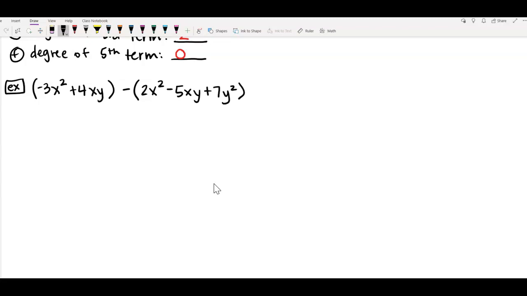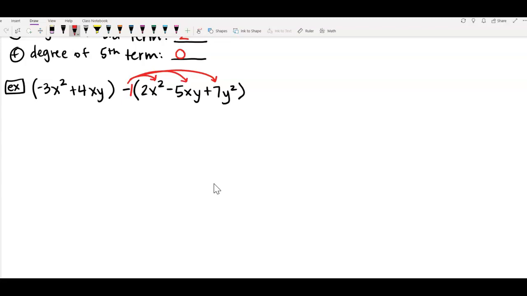Right, so when we're subtracting this, the first thing that we need to remember is this negative really means like a -1, and we've got to distribute that to everybody first.